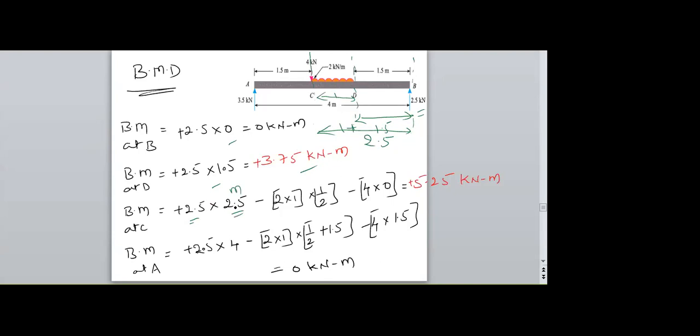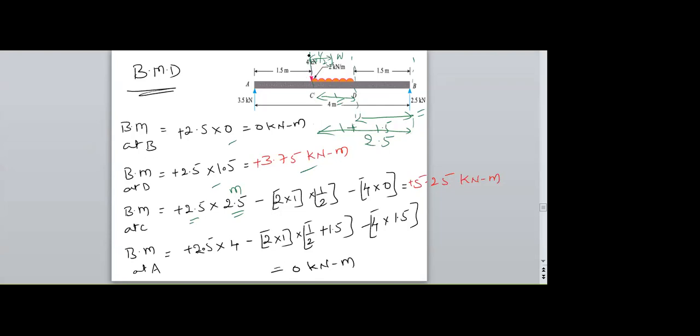And the converted UDL is 2 into 1, and the distance of the converted UDL from C is 1/2, since 1 is the length of the UDL and the distance will be half of its length.